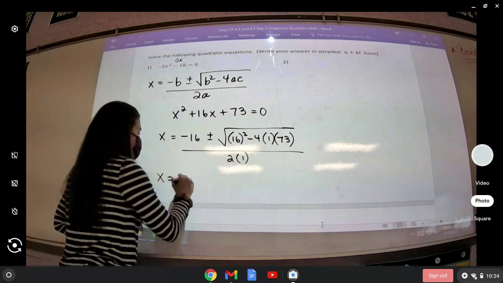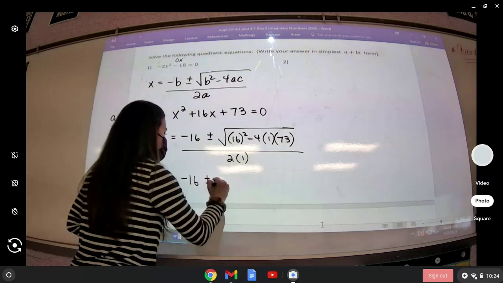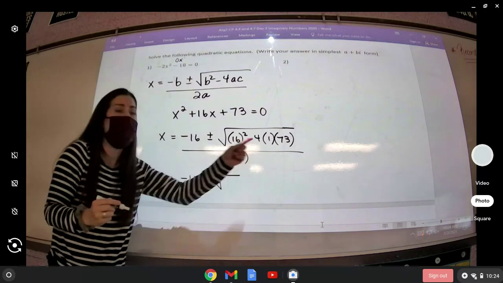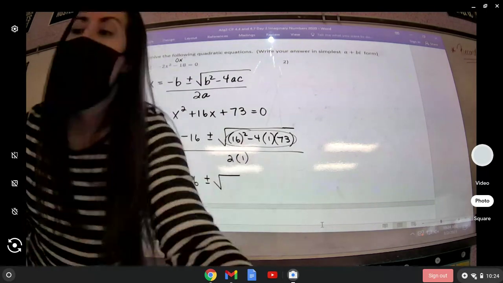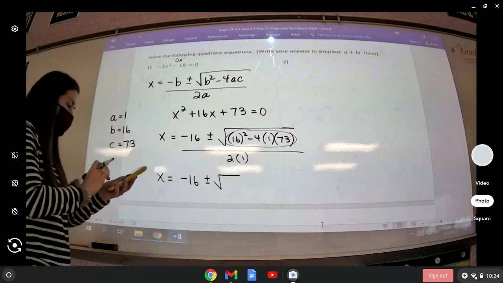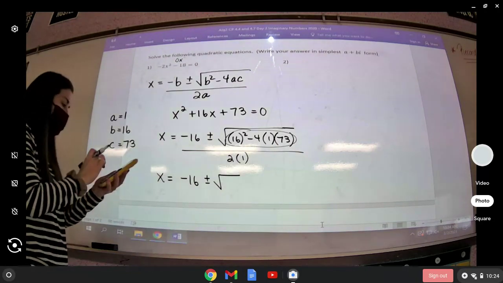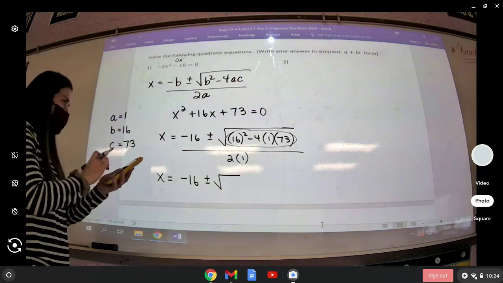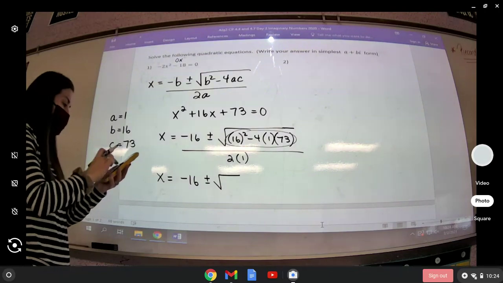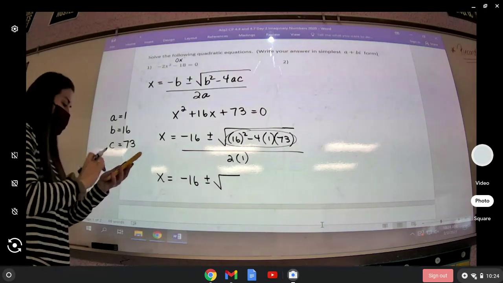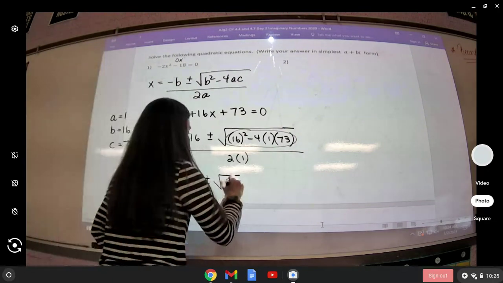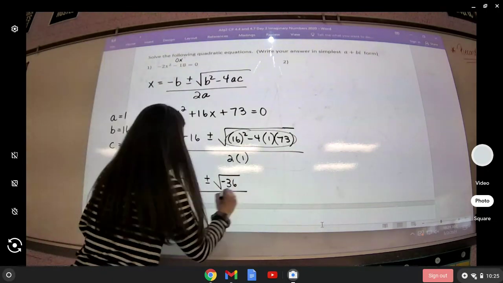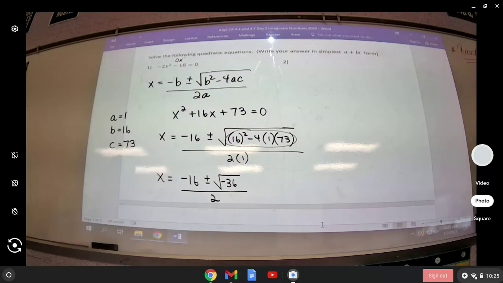So x will equal negative 16 plus or minus the square root of. We got to figure out what number this is going to become. Guys, I gave you a hint. They're all going to be negative numbers. You should get negative 36. All divided by positive 2.